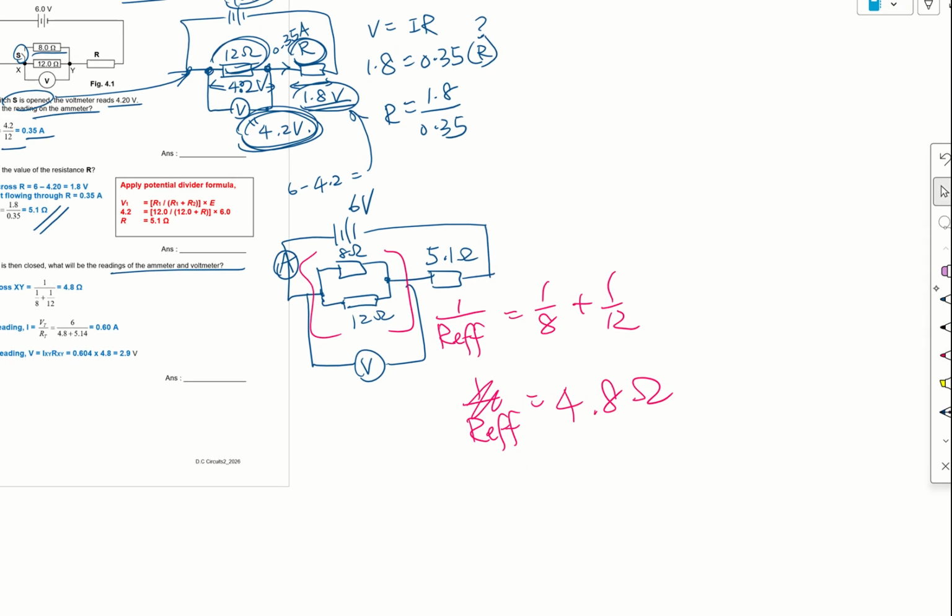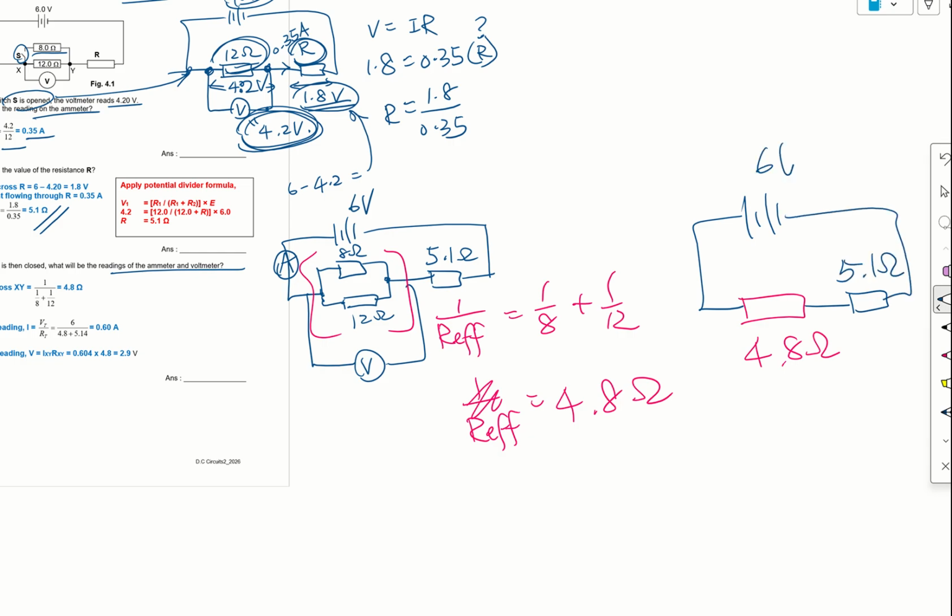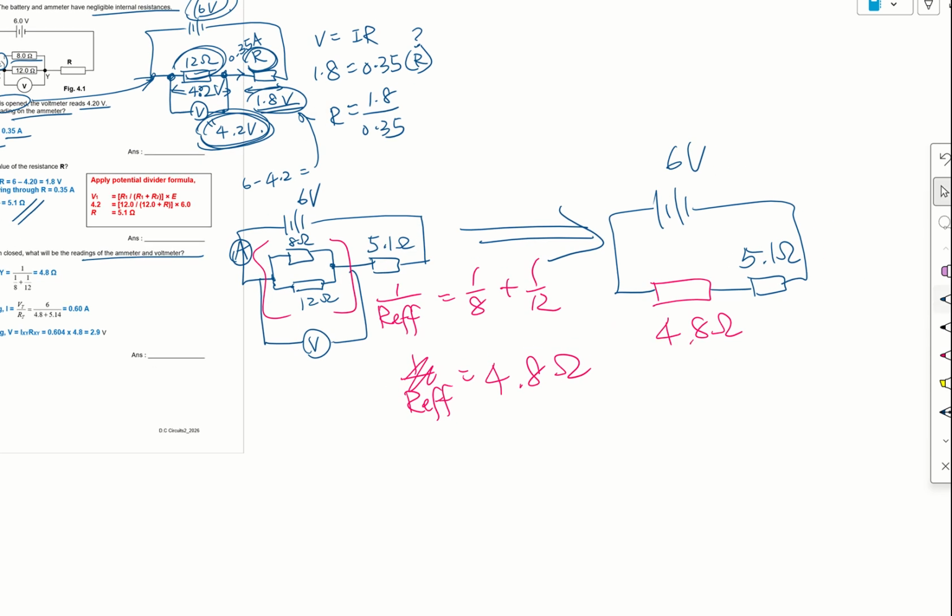So I can redraw the circuit again. I show 4.8 ohm here, and because I never do anything to the 5.1 ohm, I just draw it as it is. When you redraw, I stress this again, it makes the circuit look simpler. My ammeter is here.